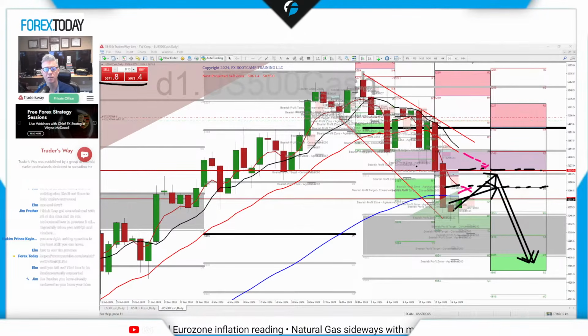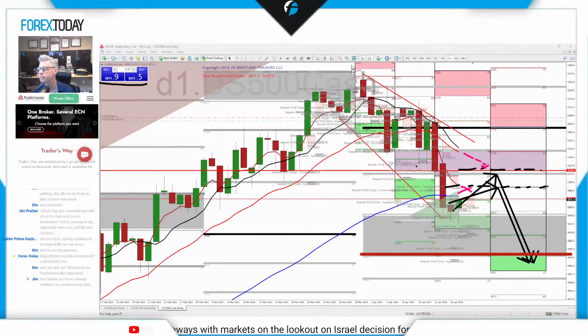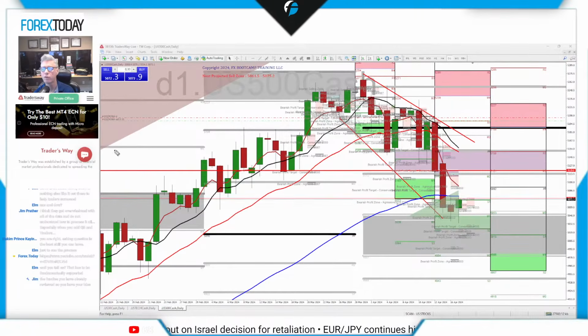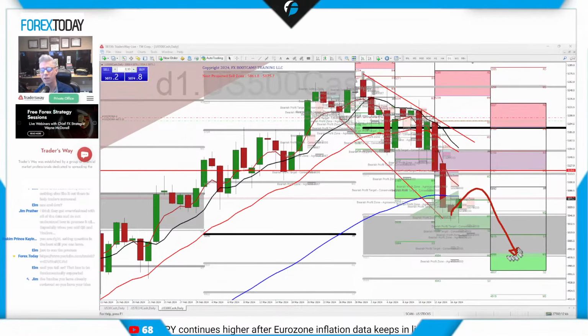And exit right around 5,000. So let it go up for a day or two, closer to 51, and then take it down to 5K.